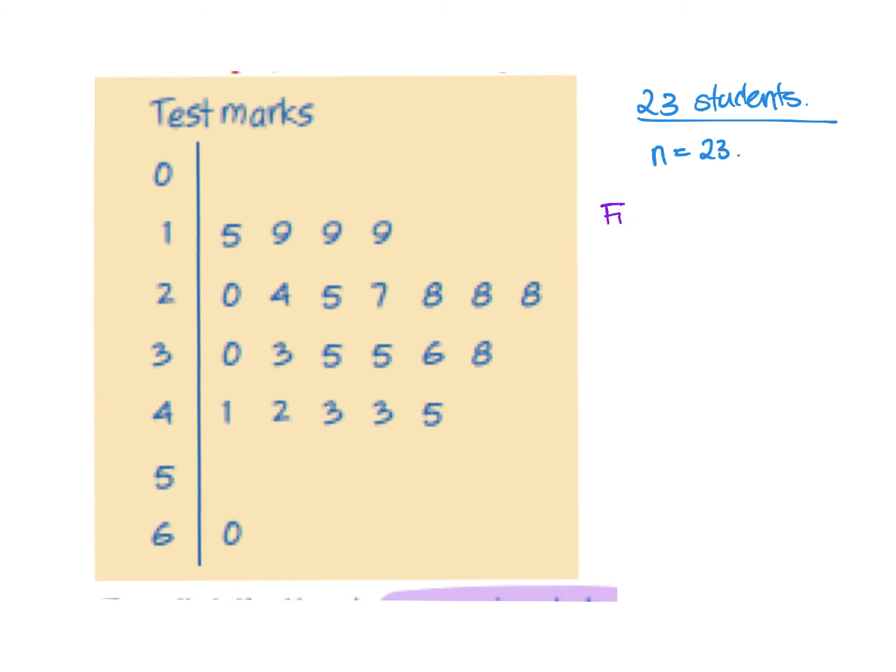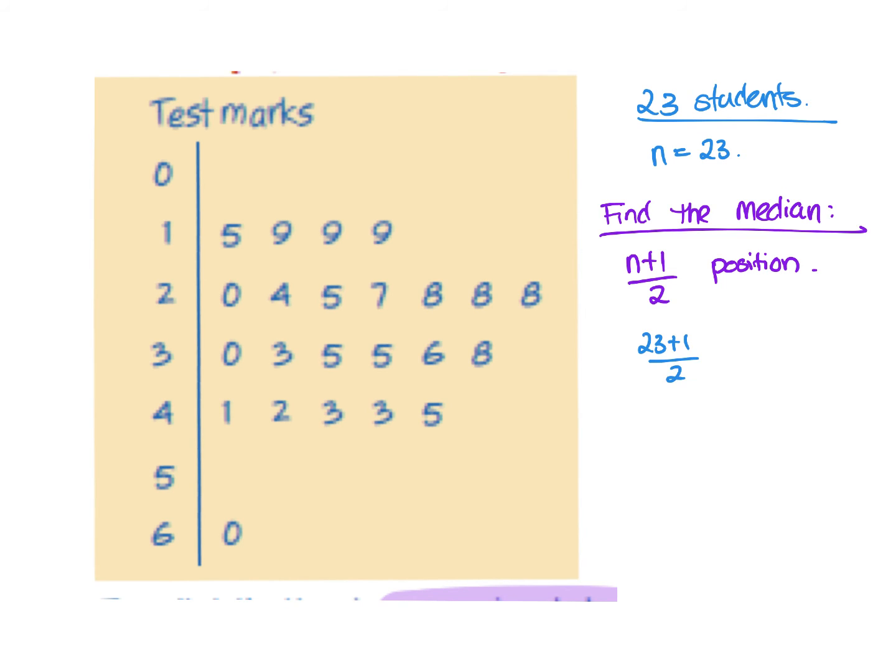If you're trying to find the median, you can find it at the (N plus 1) divided by 2 position. So it's not telling you the number, it's telling you where to find it. If I did this example, it'd be 23 plus 1 divided by 2, so it'll be at the 12th position.